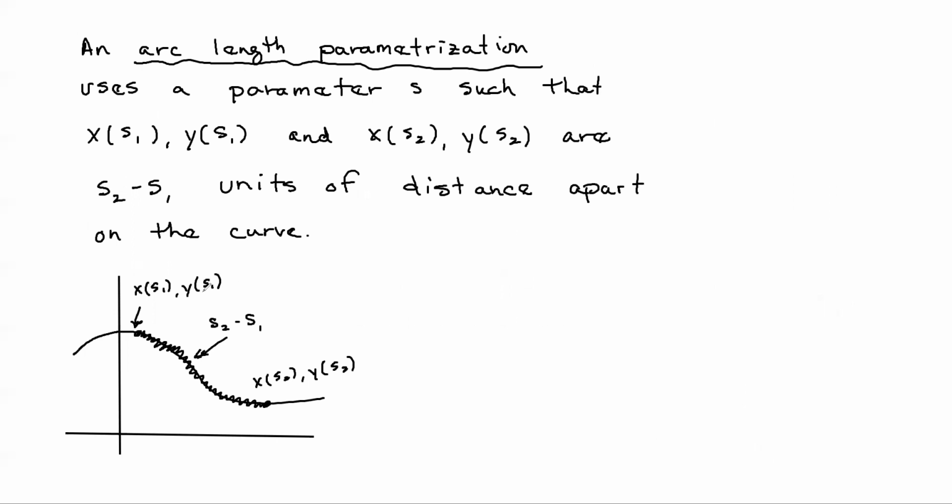In that case, if you plug in values, you generate points that are the difference in the parameter apart. That's going to turn out to be useful in just a few minutes when we define curvature. So we need that definition for curvature. All of that was just to build up so that we could define curvature.